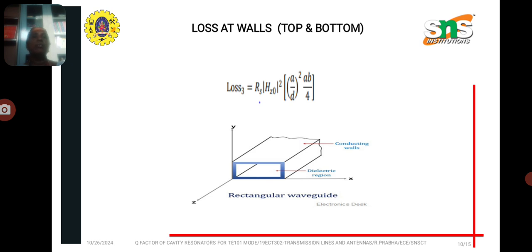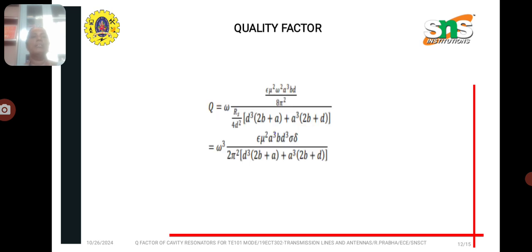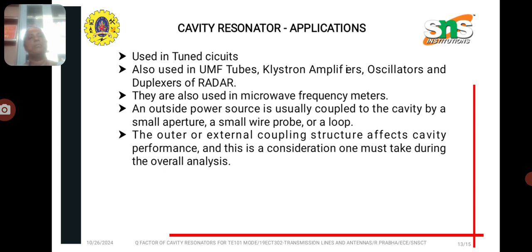We get the loss is equal to the surface resistance Rs times H20 the whole square times (a by d) the whole square times ab by 4, and the loss is given like this. Finally, the quality factor is calculated by the formula 2 pi times the energy stored divided by the energy dissipated.